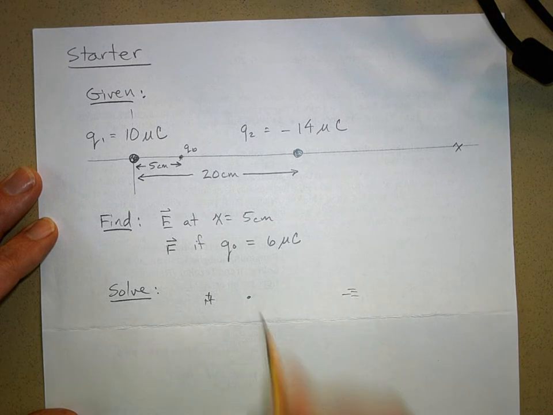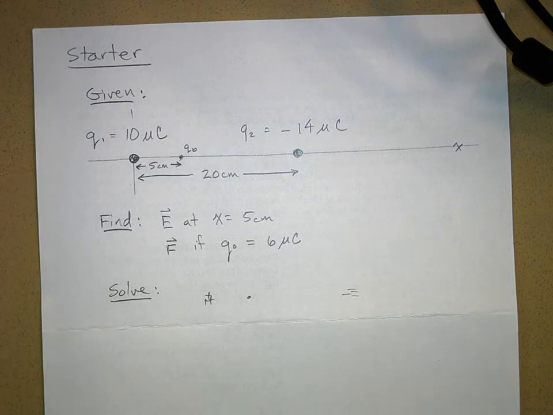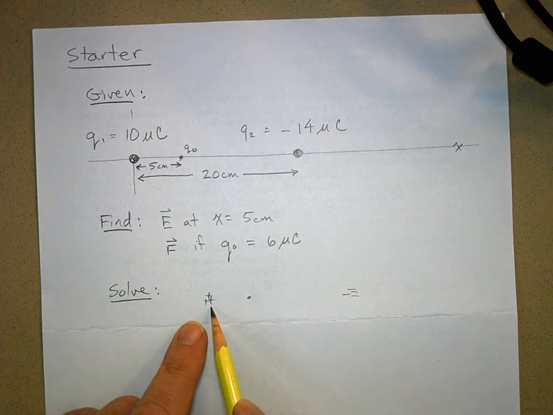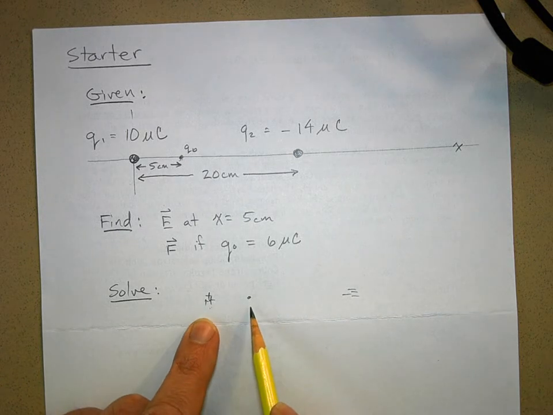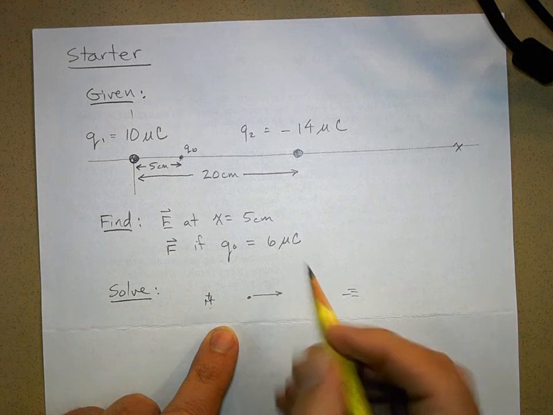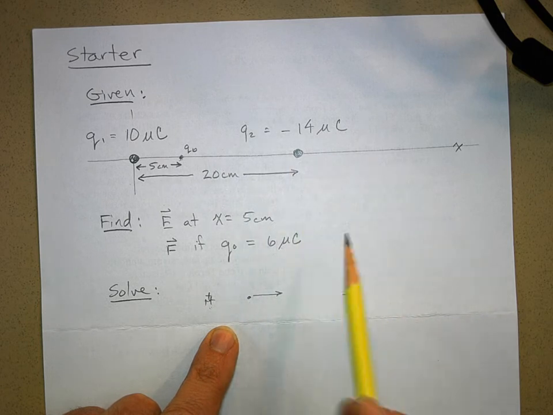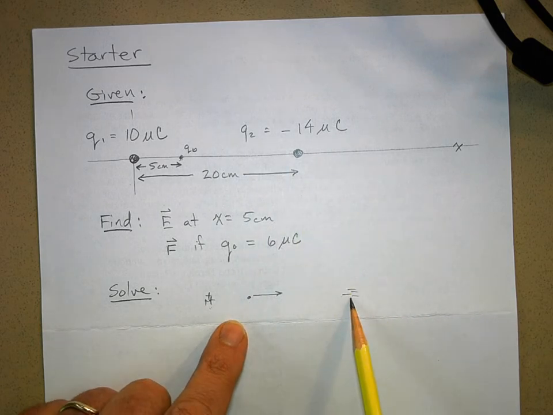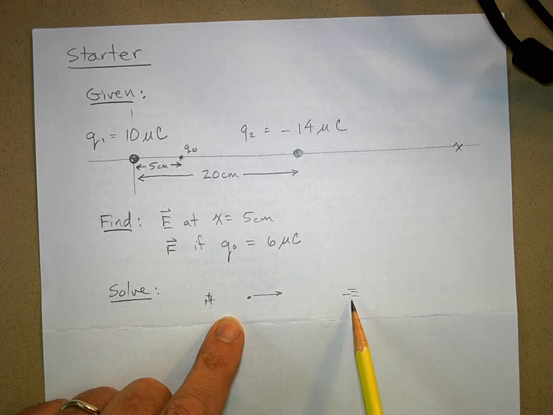You put your test charge here, and then you look at them separately, and you say, okay, what is Q1 going to do to my positive test charge? It's going to push it in what direction? To the right. And then, what about this one, though? This is negatively charged. So shouldn't it push it in the opposite direction?